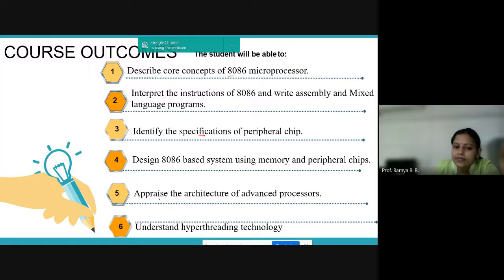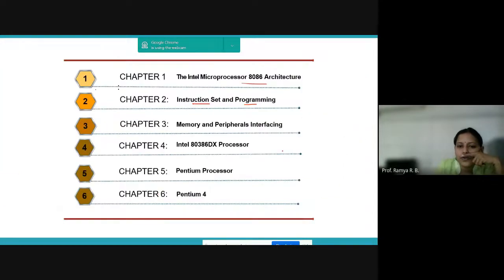In the third module you are learning memory and peripheral interfacing. In fourth module you are learning about 80386 processor. Okay, 80386, 486, 586. 586 is Pentium 1. So chapter 5 में आप Pentium 1 सीख रहे हो.